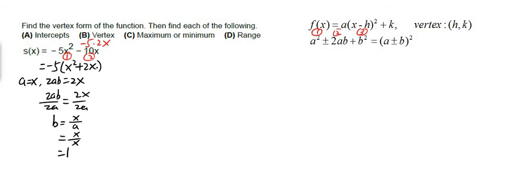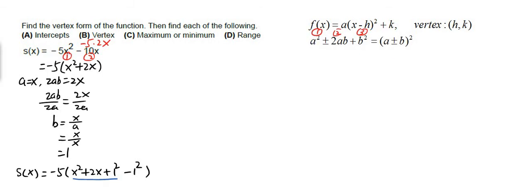Now we can construct the third term for S(x), because we found b is 1. The third term is b squared, so we have x squared plus 2x plus b squared. And if we add 1 squared, that means we subtract 1 squared. From these three terms, we can construct the complete square following this formula.